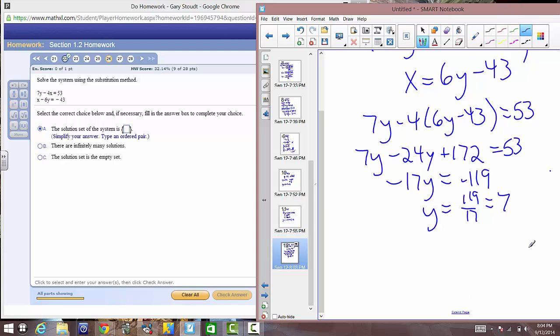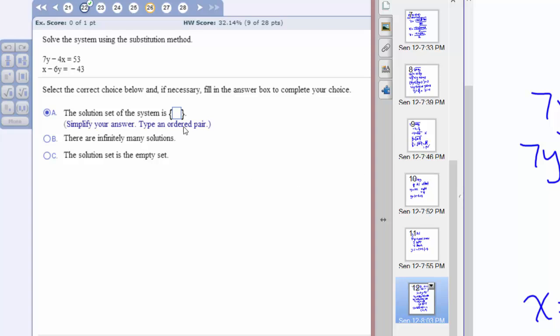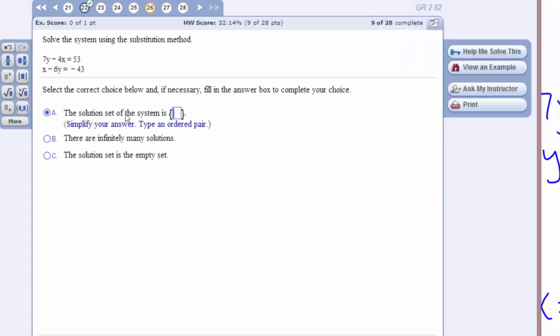So what does that mean x is? x is 6y, so 6 times 7, minus 43. So 42 minus 43, or negative 1. So that means our solution is negative 1, comma 7. That ordered pair, so let's check it out. We need an ordered pair, so we use the palette.